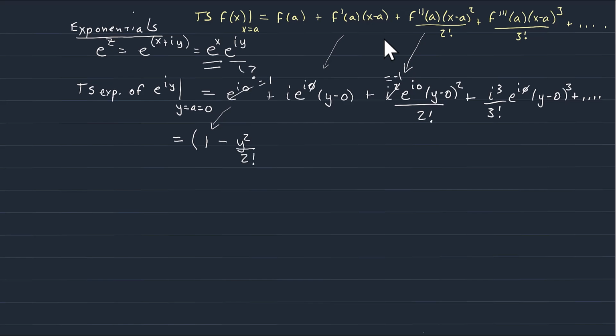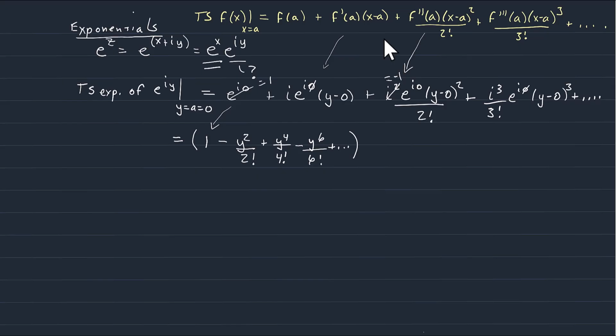And if we continue to look at higher terms, we get a plus y to the 4th over 4 factorial, minus y to the 6th over 6 factorial, and so on. So that's the real part.